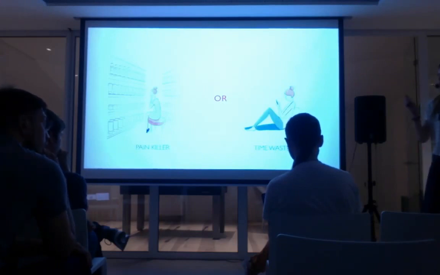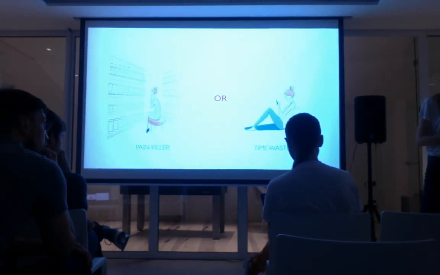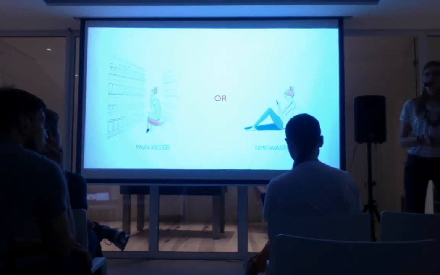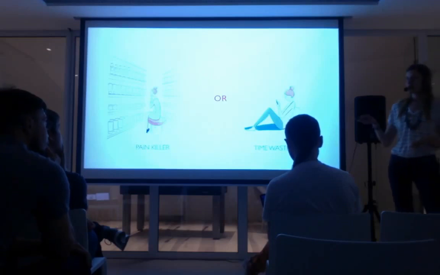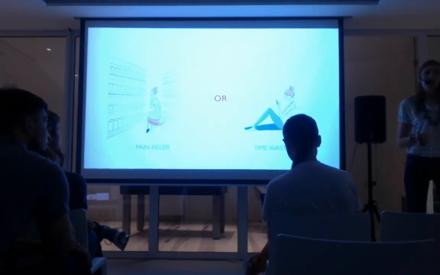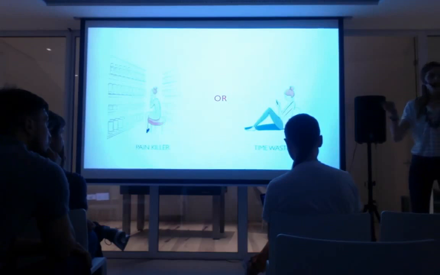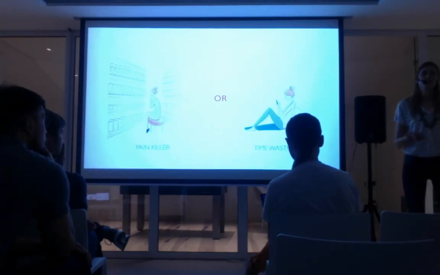And after seeing these two groups clearly, we understood that what we did until now, we were designing a product for painkillers, for girls that just want to find that product and leave and not use the app and forget about it until they need another product. And we could clearly see that from our metrics.